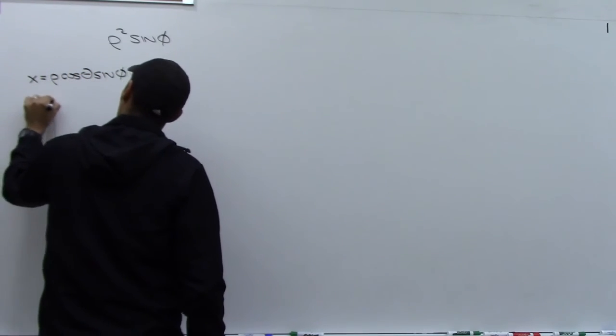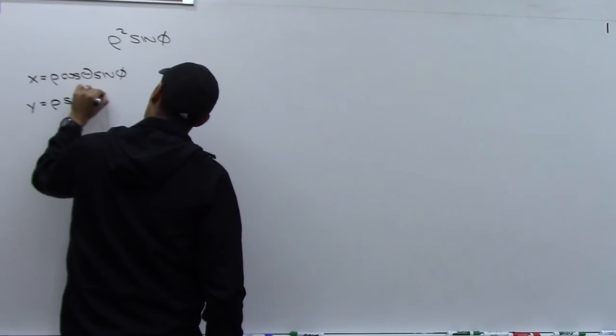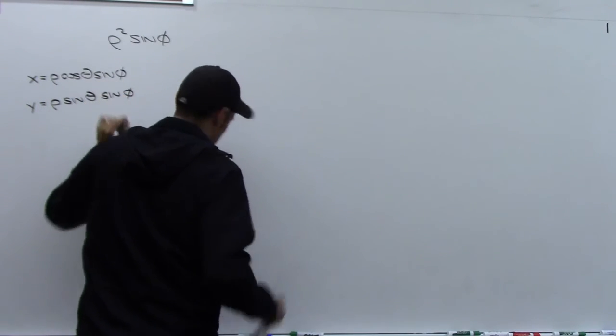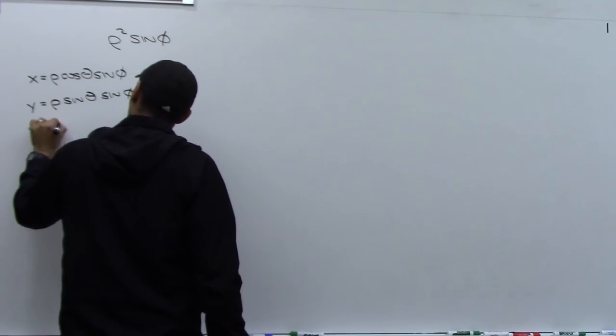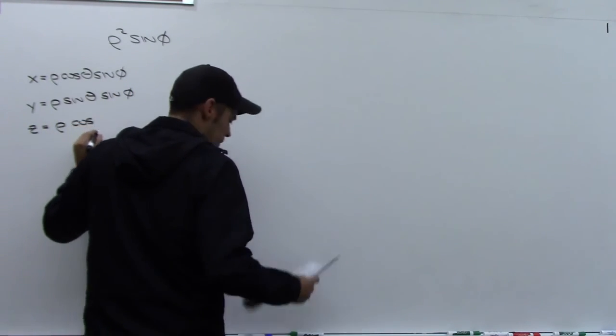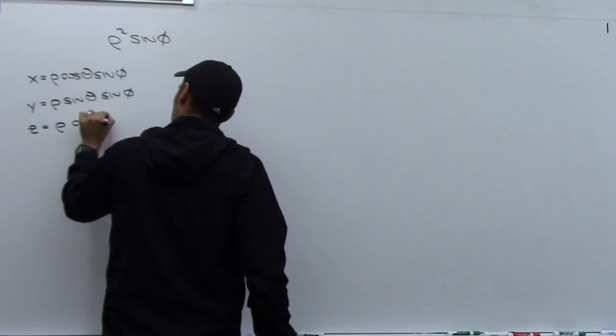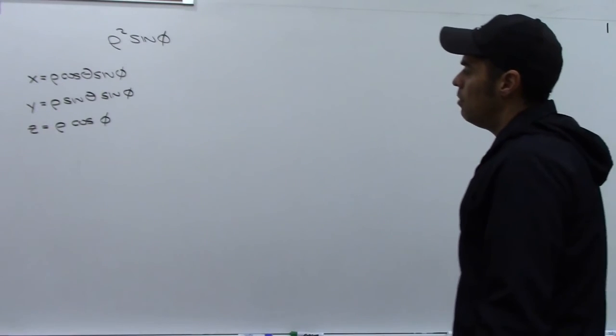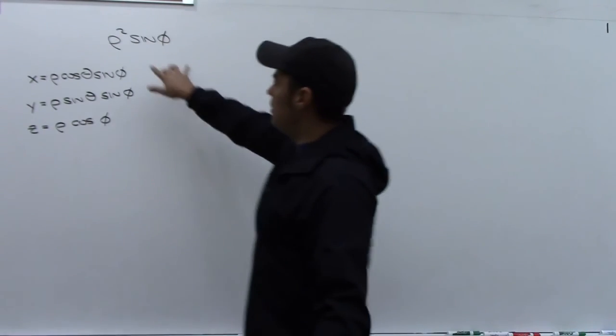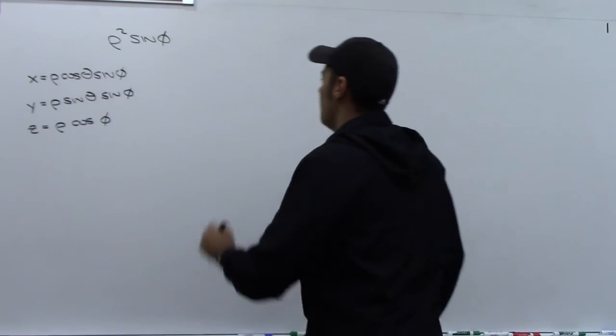Y is rho sine theta sine phi. And z is rho cosine phi. Those were our conversions. So I'm trying to prove to you that this was the Jacobian.